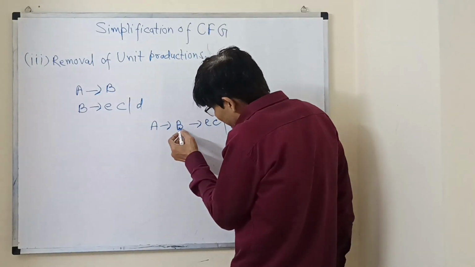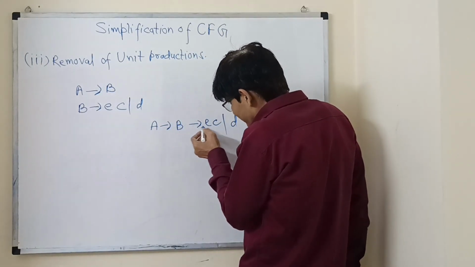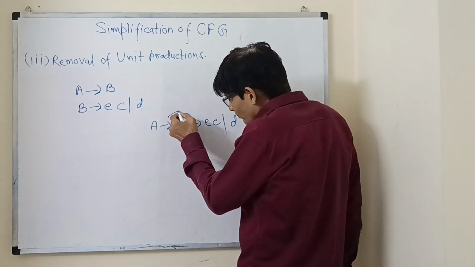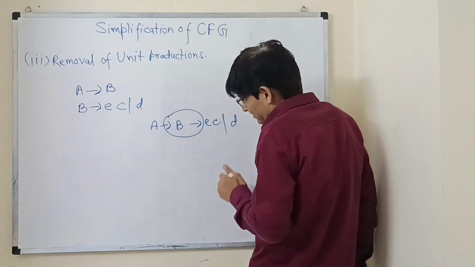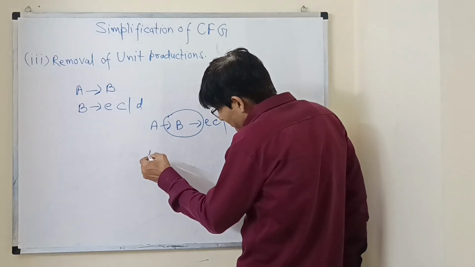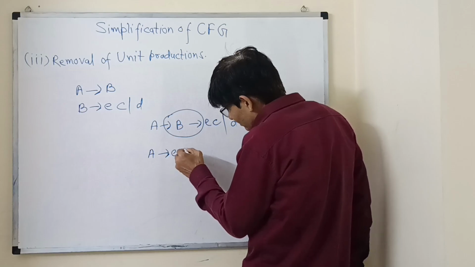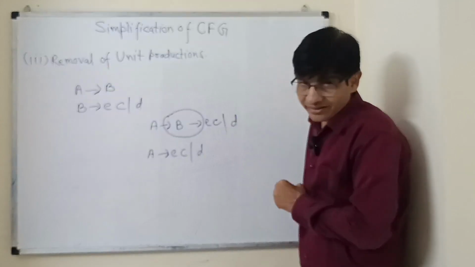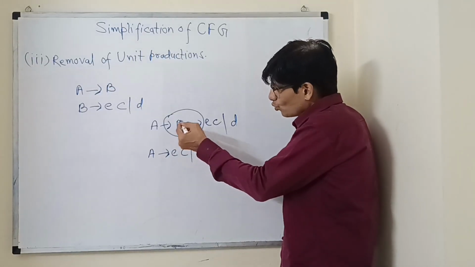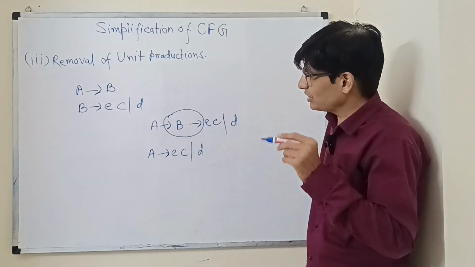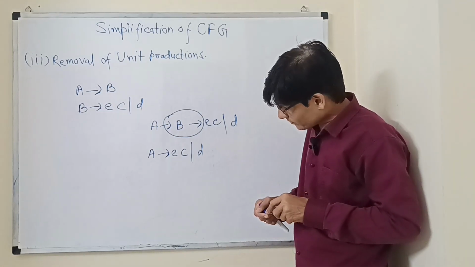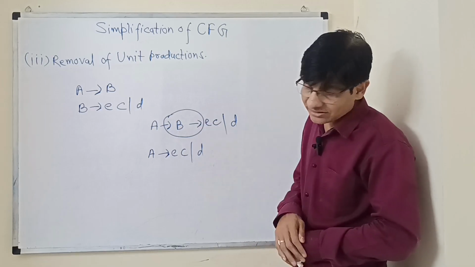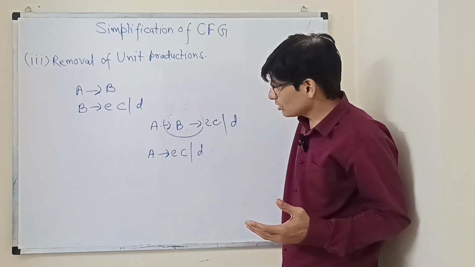So now A is generating B and B is generating E C or D. So we can simply remove this intermediate variable and we can directly generate E C and D from A. So this is how we can simply remove the unit production, and this is a very simple method of removing unit production. So I hope it would be clear to all of you.